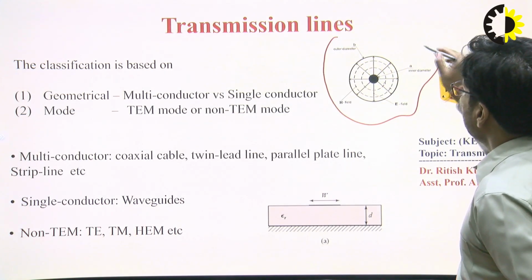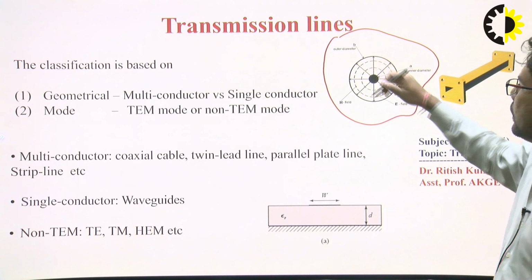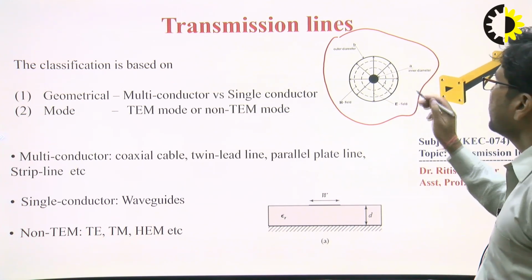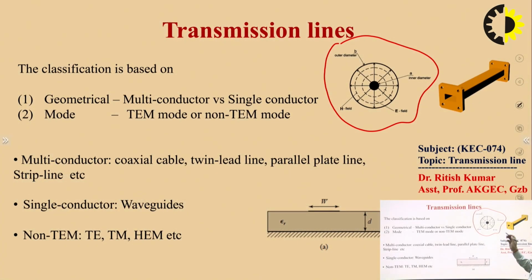As you all are aware, the coaxial cable has an inner conductor, then an outer conductor. In between these two conductors, there is some dielectric media, that is Teflon. So we can say this transmission line has two conductors, the inner conductor and outer conductor. So we can say it has more than one conductor.